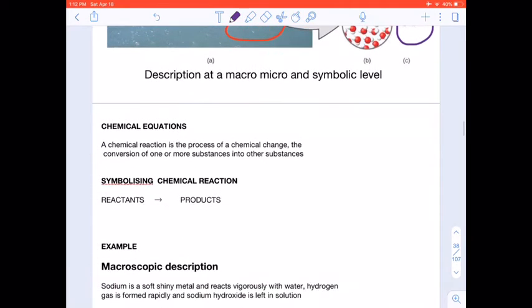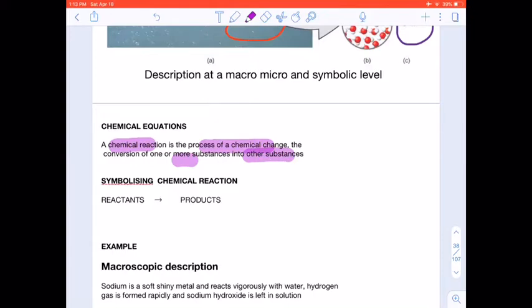Now let's look at chemical equations. A chemical equation, right? So we have a chemical reaction. It is a process of a chemical change, and it gives us an indication of the conversion of one substance to other substances.